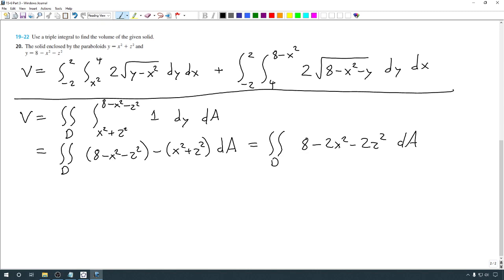So in fact, we don't even have to set up the equations this time, because with our notation here, with our x squared plus z squared, we'll just use that x squared plus z squared equals r squared. Of course, we're going around the entire circle, so we're going from 0 to 2 pi for theta. r is going to go from 0 to 2, because there we have a radius of 2. Our integrand here is 8 minus 2r squared. We have an extra r from polar coordinates, dr d theta.